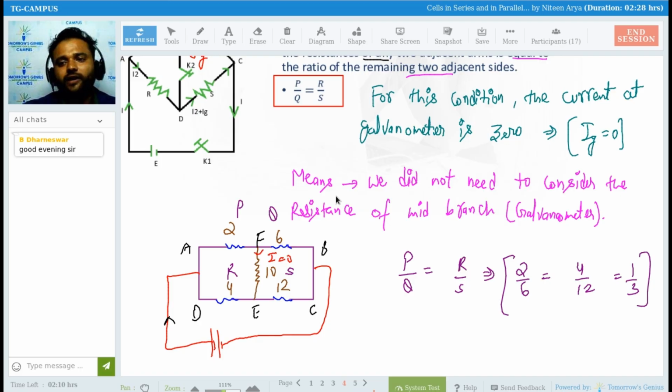In finding the net resistance, we do not need to consider this 10 ohm.